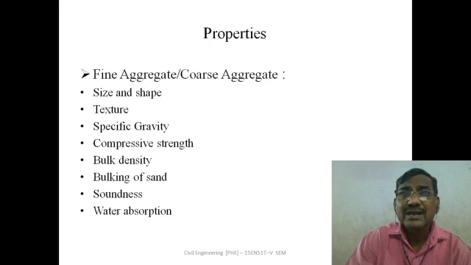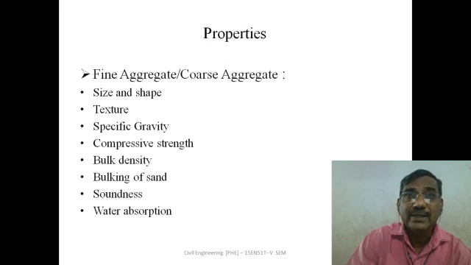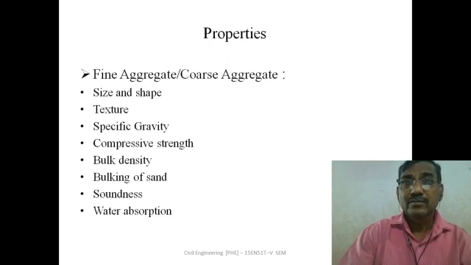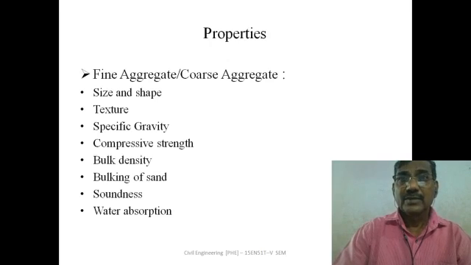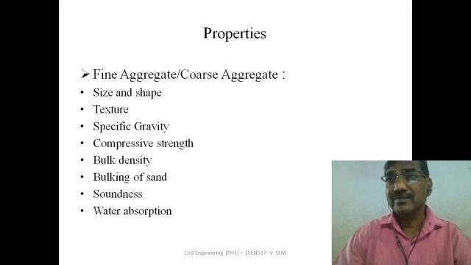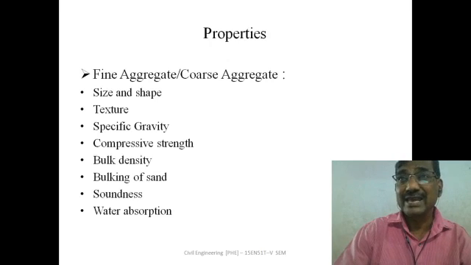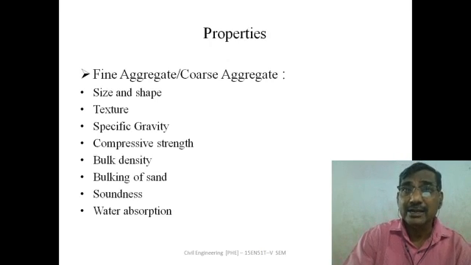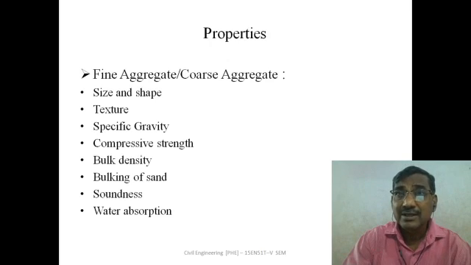Generally, rounded sand particles with flaky, irregular texture particles are more preferred for concrete. Irregular, rounded, angular, flaky, elongated aggregates are also available.